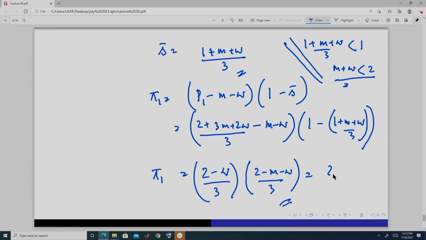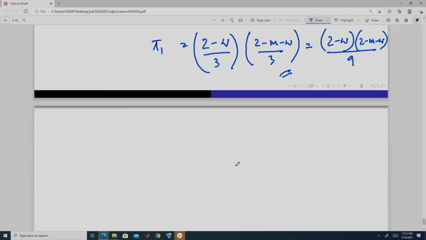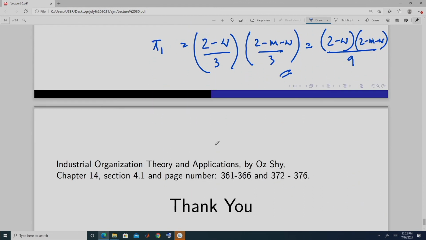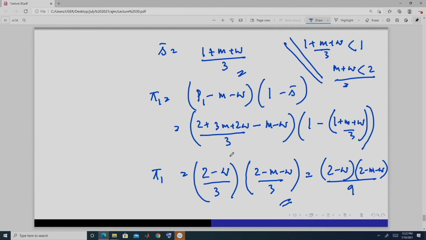So, this is (2 minus w)(2 minus m minus w) divided by 9. And profit of firm 2 is P2 minus m, times S bar.